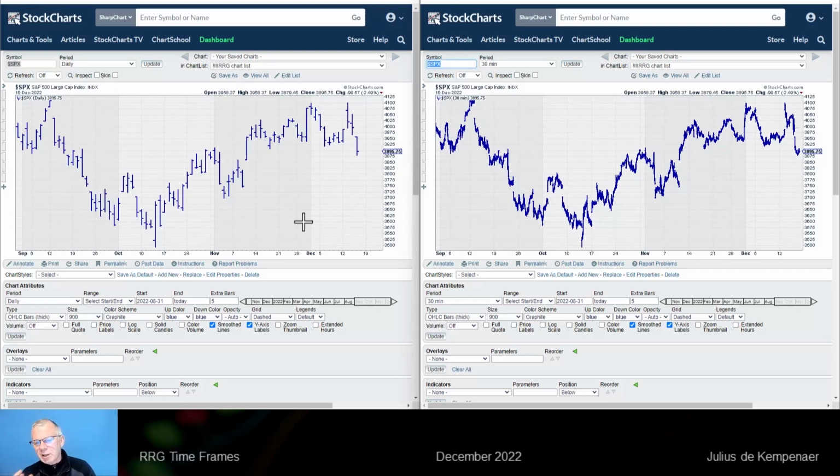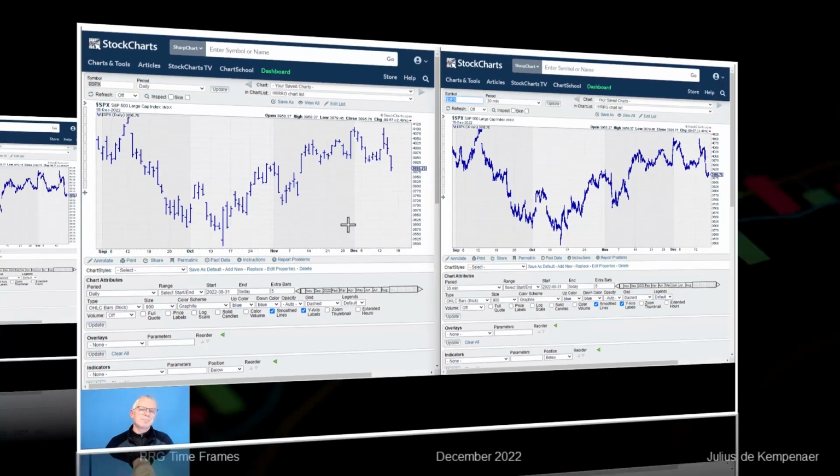So there's a lot of value in comparing those time frames with each other and keeping them side by side on your screen or in a chart list or wherever you keep them.